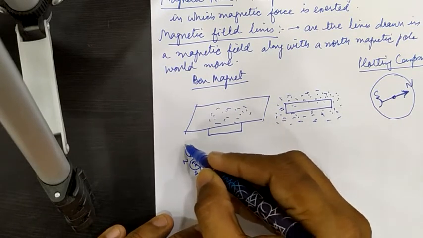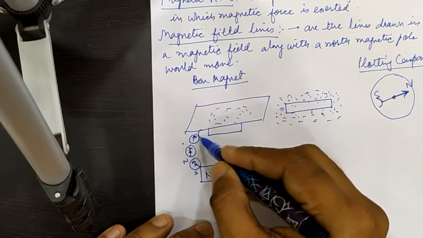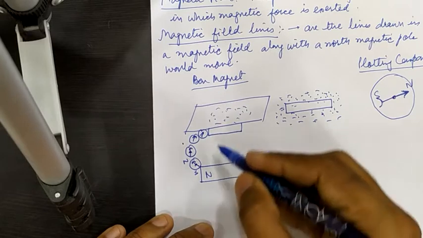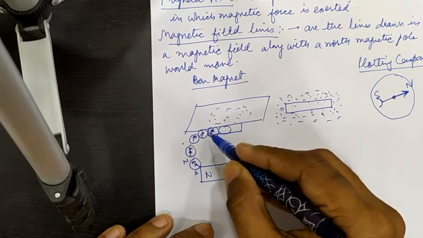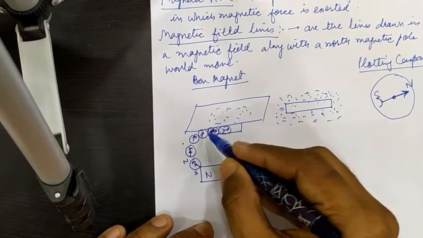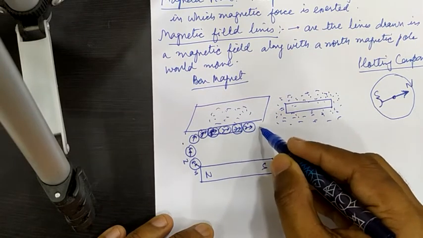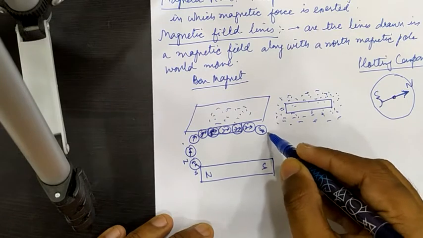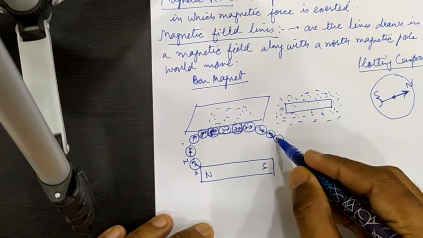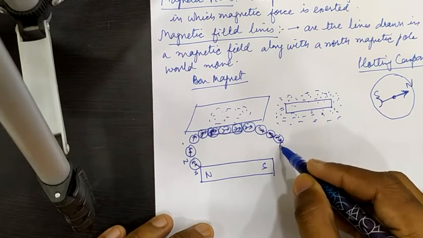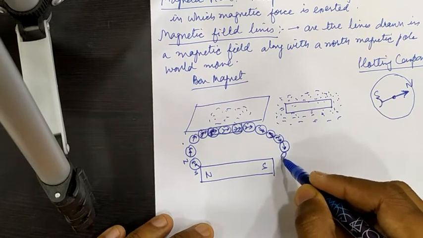In this way you can have it like this. Similarly you can have it in this way. So in this way you can plot the magnetic field lines. Put the plotting compass and you will get the magnetic field lines.